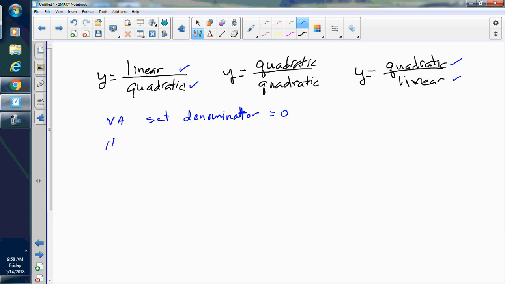To find any horizontal asymptotes, we have to do a limit as x approaches infinity of our rational function, which we'll call r of x.